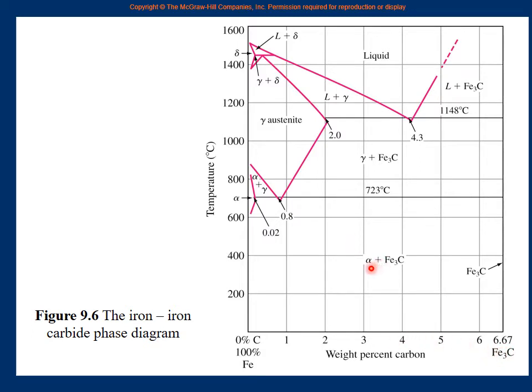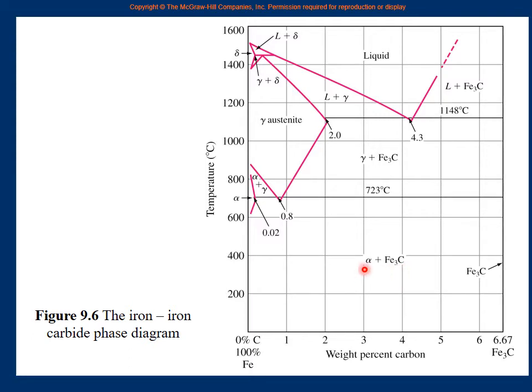Other things you see, you have the alpha phase here, you have the gamma phase, which is austenite here, you have the delta phase, which is delta ferrite here, you have the liquid phase. But this here or here or here is the cementite or the iron carbide. Chemically it is iron carbide, but on this phase diagram of steel, it is also known as cementite.